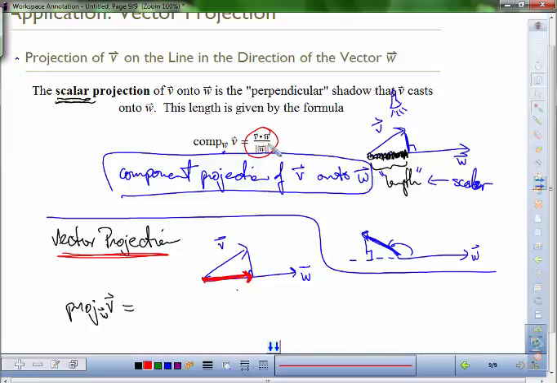So if we take this component, this is the length, V dot W over the magnitude of W. This is how much you want to scale this by. And we had an example where we wanted to scale to 5, and then we had to find the unit vector first. So what's the unit vector that I'm going to multiply this by?